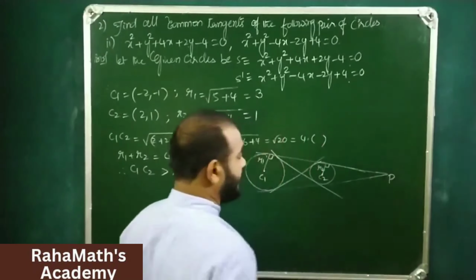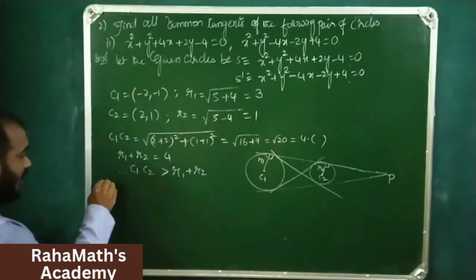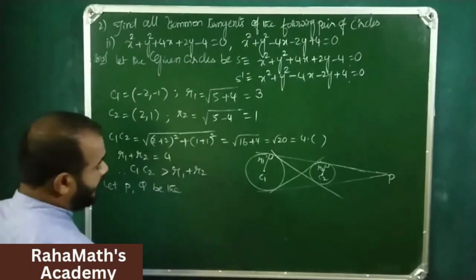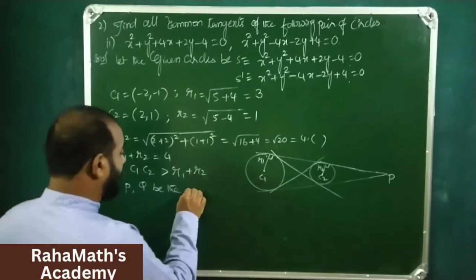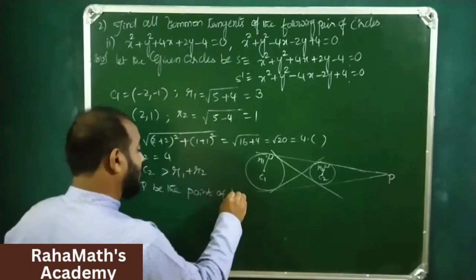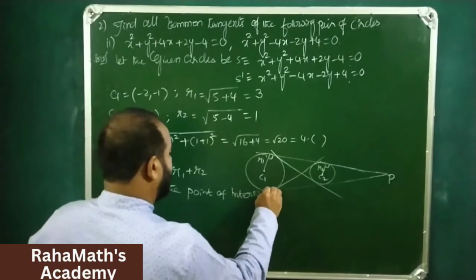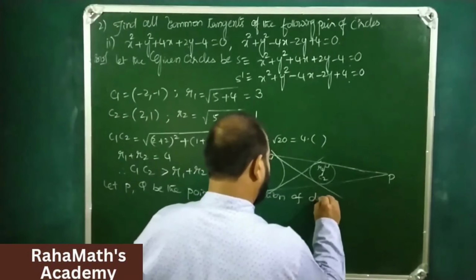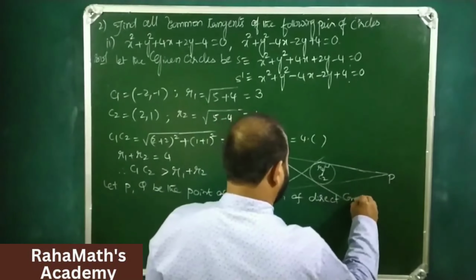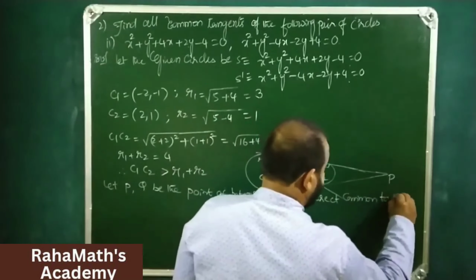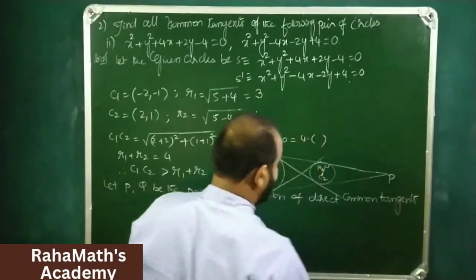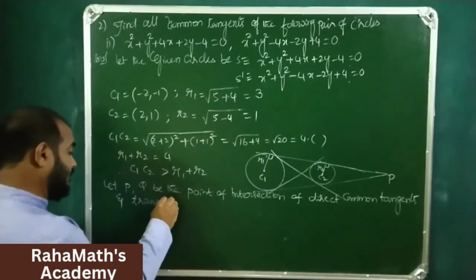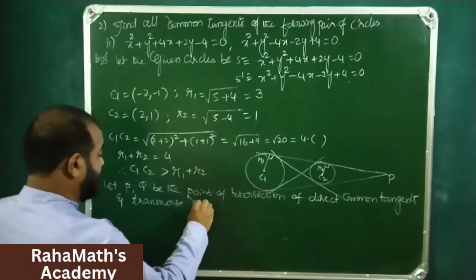Let P be the point of intersection of the two direct common tangents. I'll write here. Let P comma Q be the point of intersection of direct common tangents and transverse common tangents.